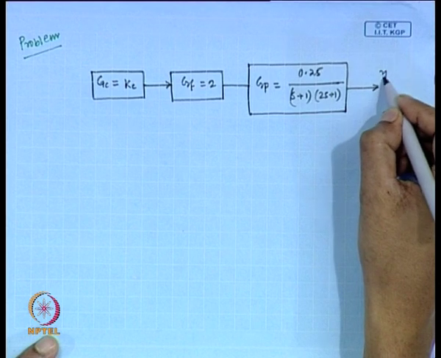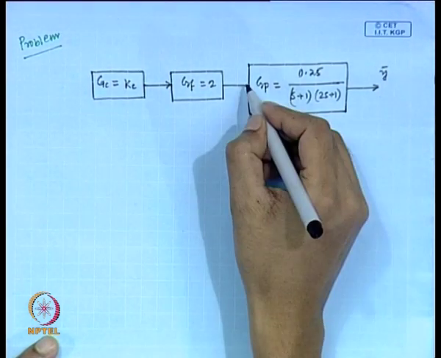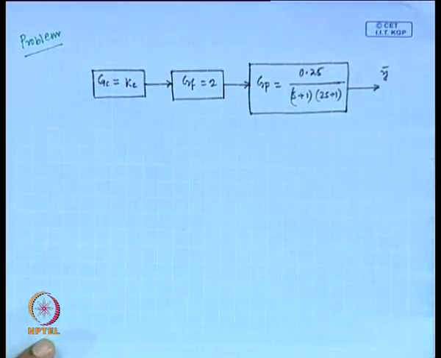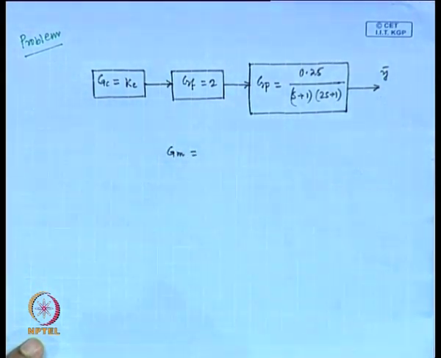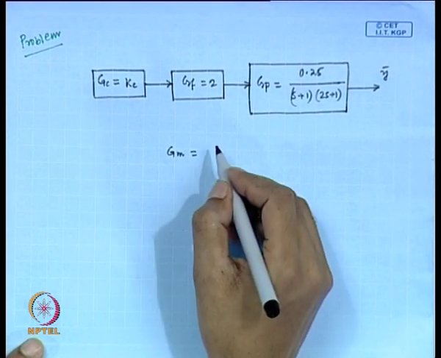Output is y bar. Transfer function of the measuring device Gm equals 2.